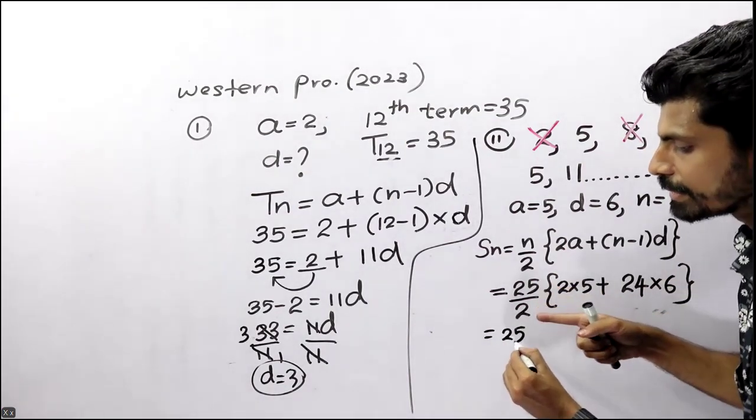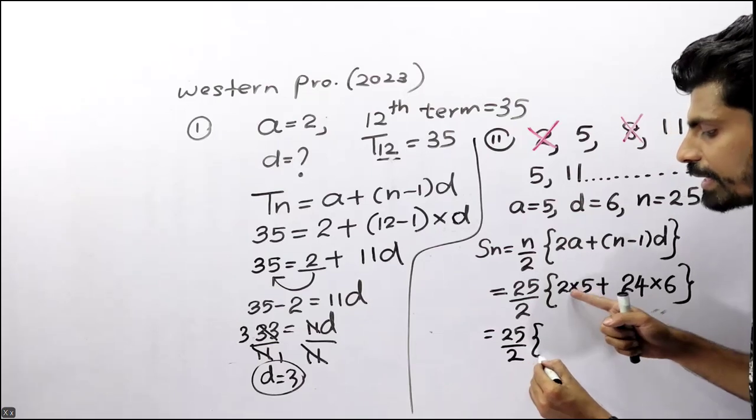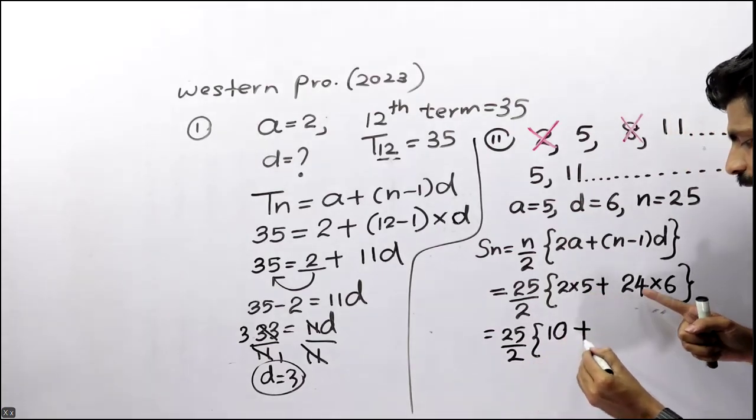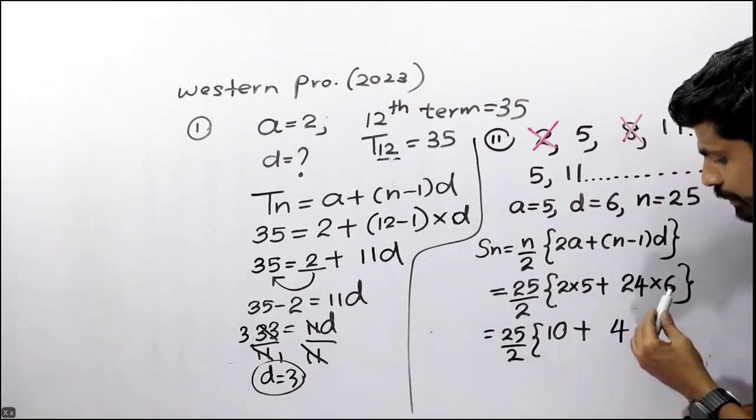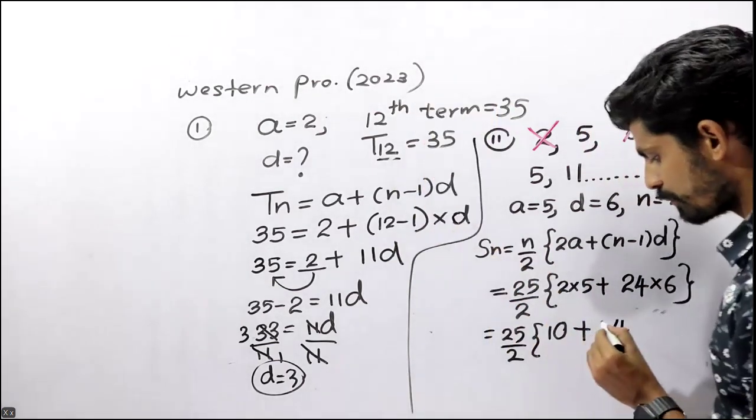So 25 divided by 2, 5 into 2 is 10, plus 24 into 6: 6 into 4 is 24, remaining 2, 6 into 2 is 12, plus 2, 14.